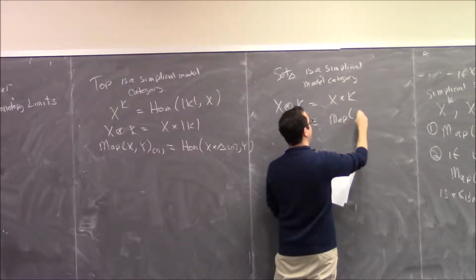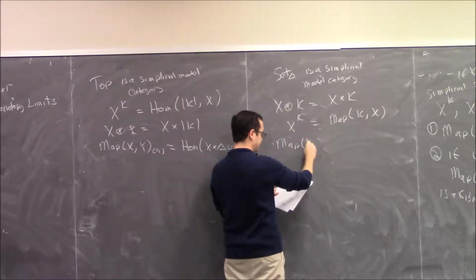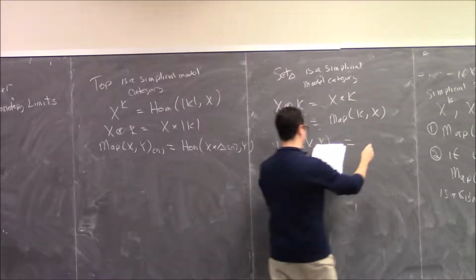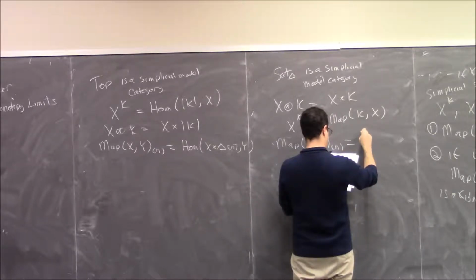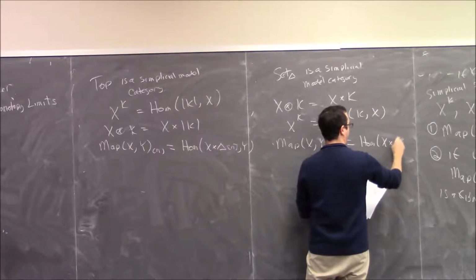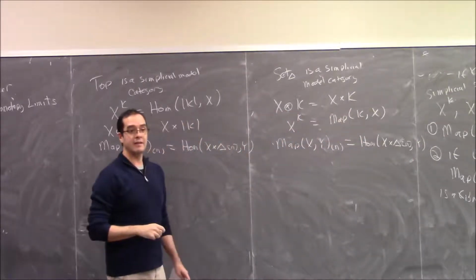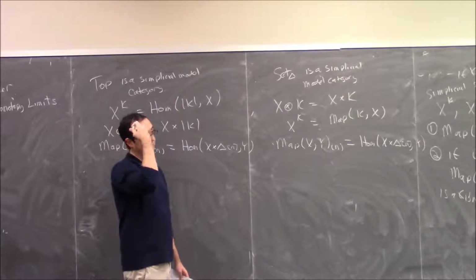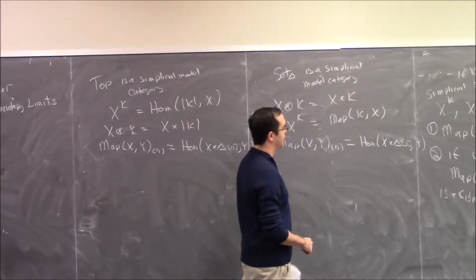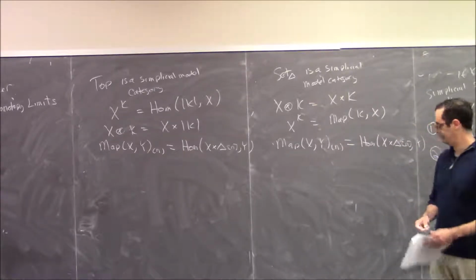Maybe I should have defined map before. Okay, so map between two simplicial sets, and in degree n, you're going to take the Cartesian product with delta n. I think that's just the ordinary exponential in the topos of simplicial sets. Yeah, it's self-indexed.